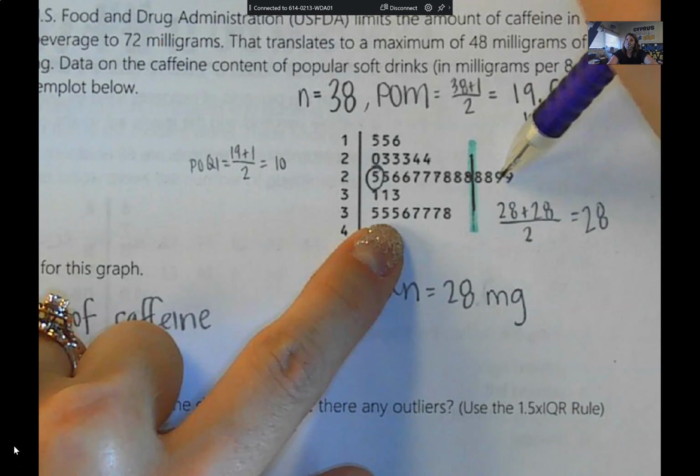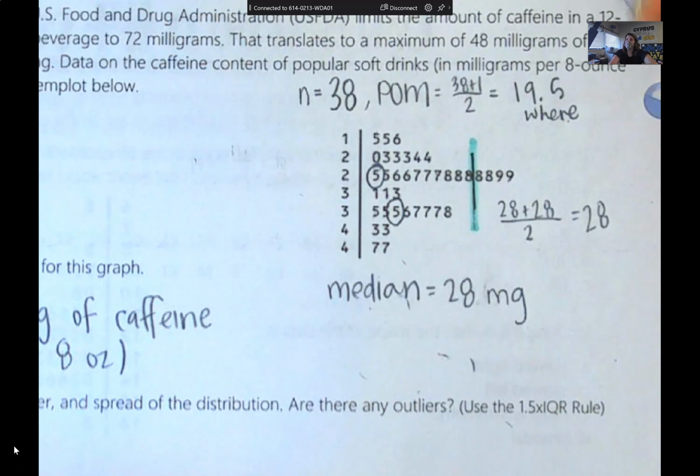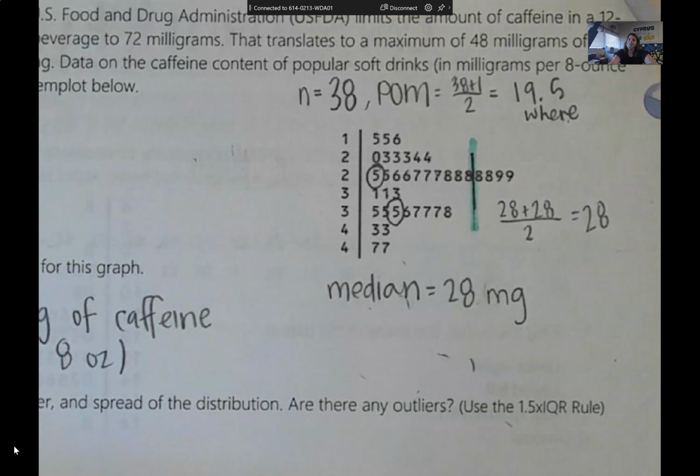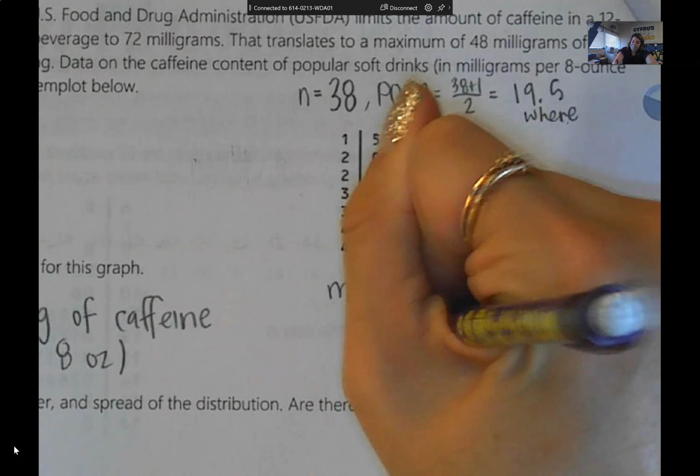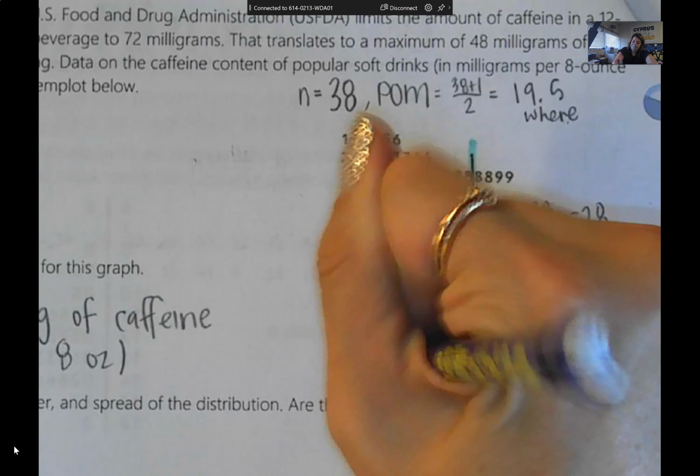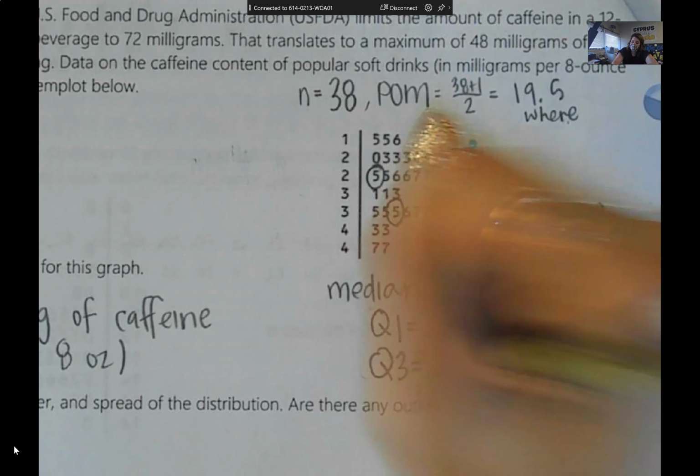If I kept counting, it would be 1, 2, 3, 4, 5, 6, 7, 8, 9. So there are 9 observations in each quarter of my data. Hopefully it's making sense that finding the quartiles is like finding the median twice. I'm going to write these down. Quartile 1 was 25, and quartile 3 is 35.